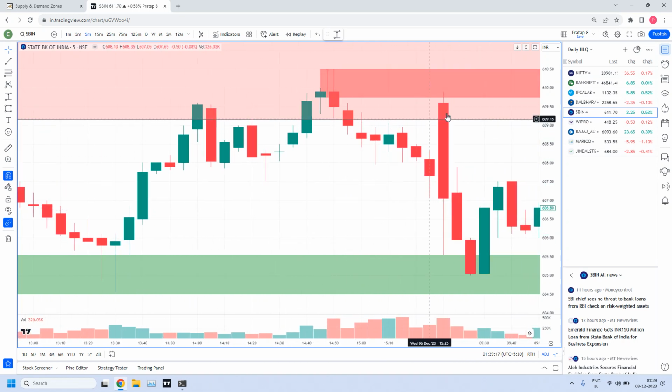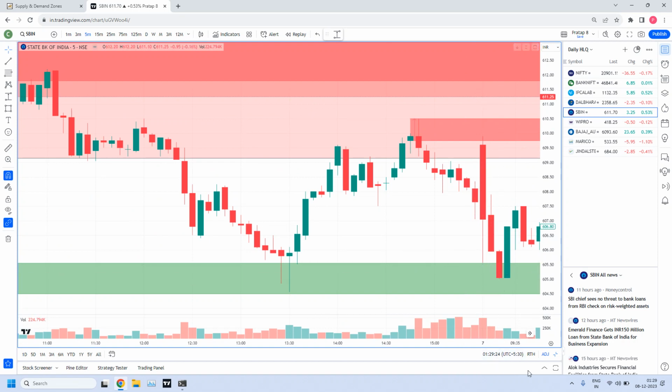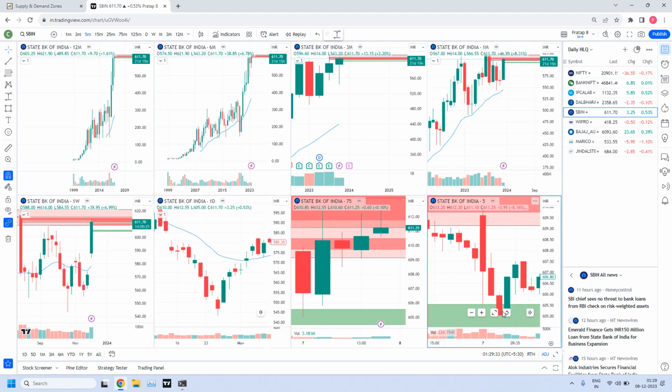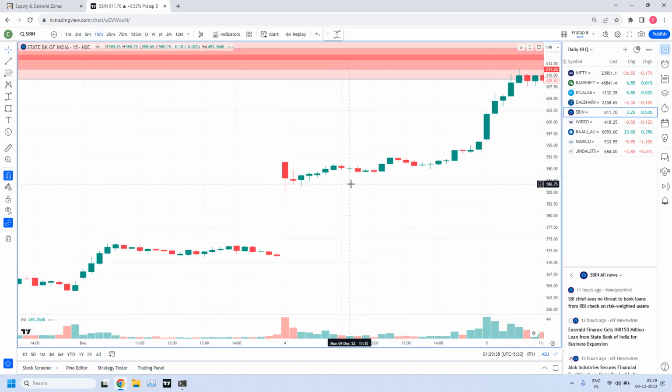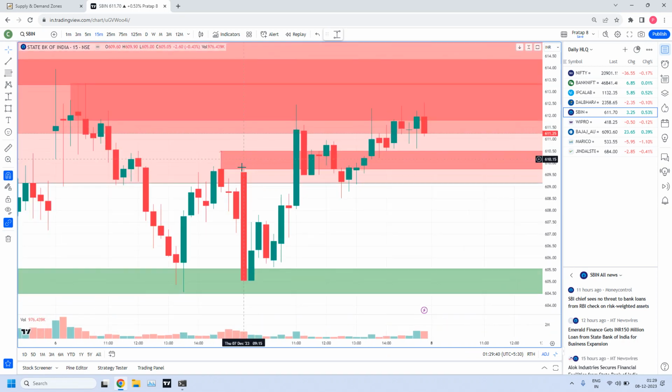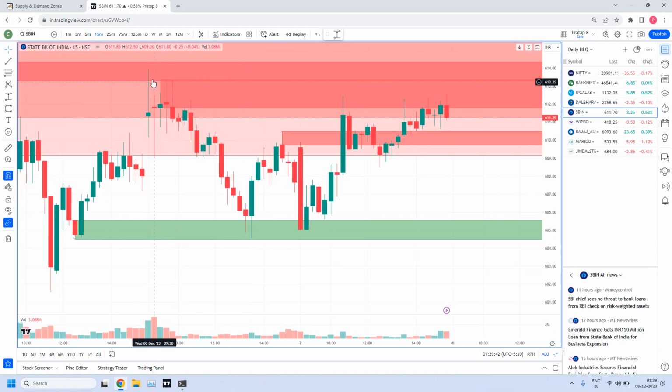See, today what happened? Today morning, prices entered into this. After that, it reached this 15-minute target, which we have already seen previously. This 15-minute zone is holding the prices. Yesterday, prices from this high liquidity 5-minute zone pushed up to this 15-minute zone, and the 15-minute zone held the prices.